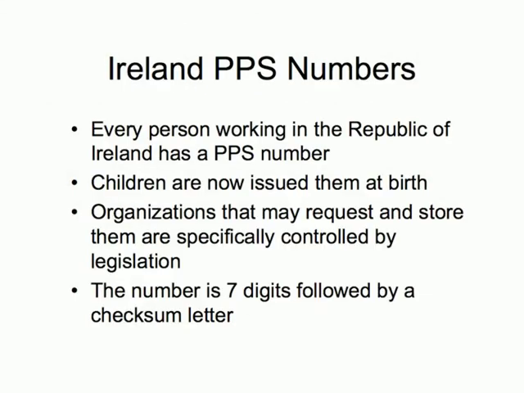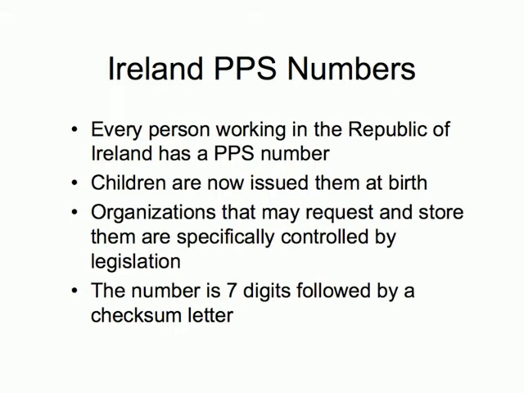Republic of Ireland PPS numbers, used to be known as PRSI numbers, they use a mod 23 checksum. Every person working in the Republic of Ireland has a PPS number, be they Irish or not, and all children born in Ireland are now issued those numbers at birth. Actually, it turns out that the number of organisations that can actually ask you for your PPS number and that are legally allowed to store it is quite small and very controlled.